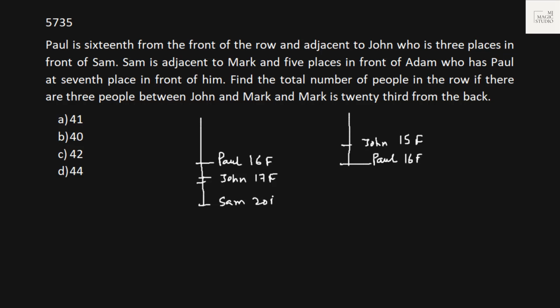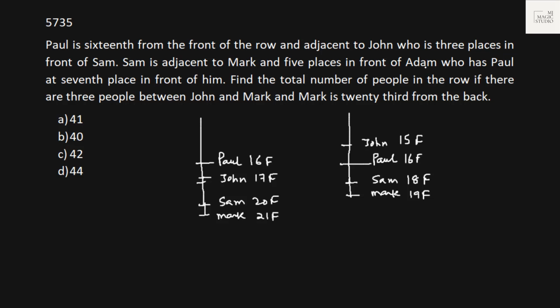Sam at 20F or here Sam would be 15 plus 3, that is 18F. Sam is adjacent to Mark. Okay, if I put Mark here, 21F, and let me put Mark here also, 19F. We can have two more cases. We will see whether something clicks here or we will have another case then.